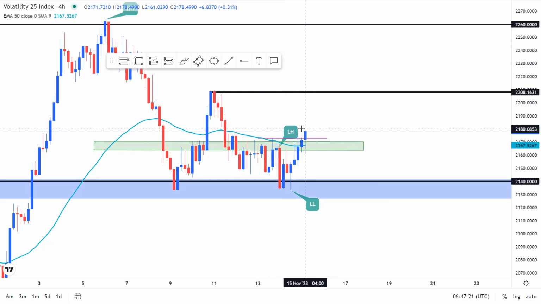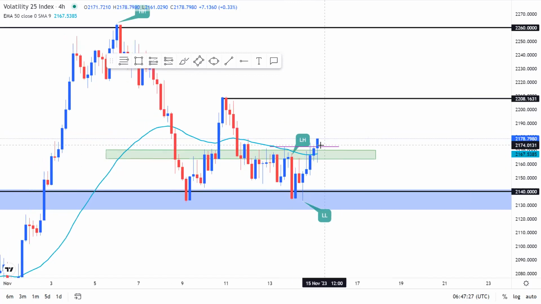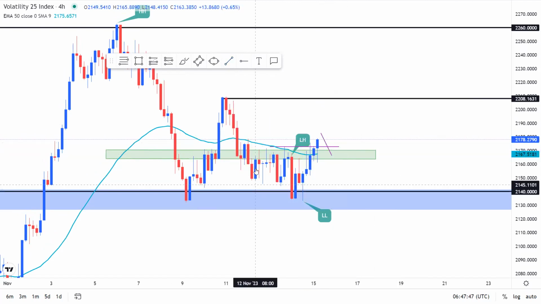Now, this is the 4-hourly time frame. I would love to see the current 4-hourly time frame candlestick close bullish, just above this level. And once that happens, I would then look to see price come right back into the level. You can see quite a number of times when we're beneath the level, we've tested the level multiple times, and then we've respected the level.